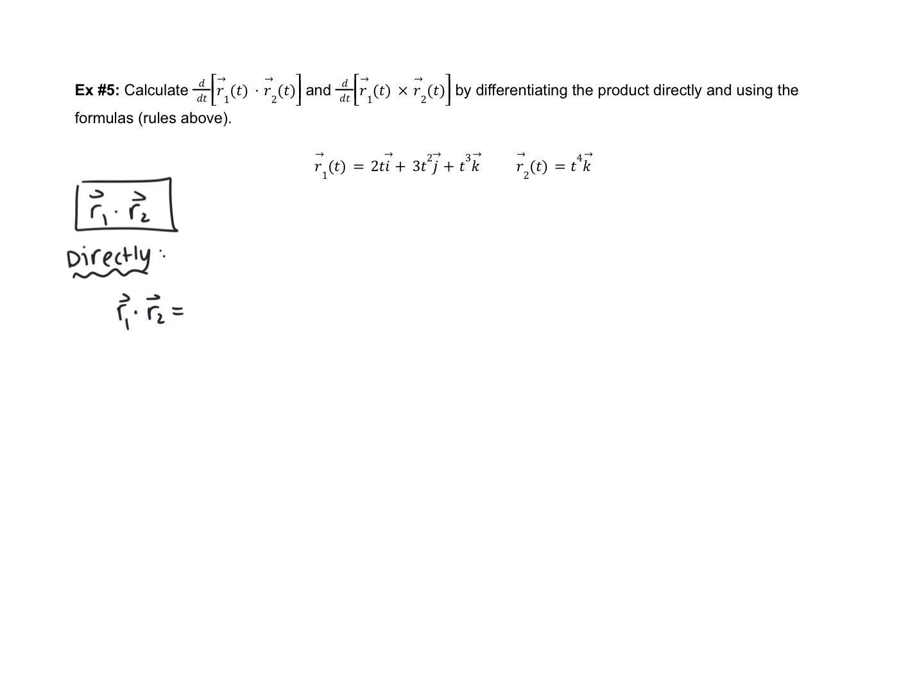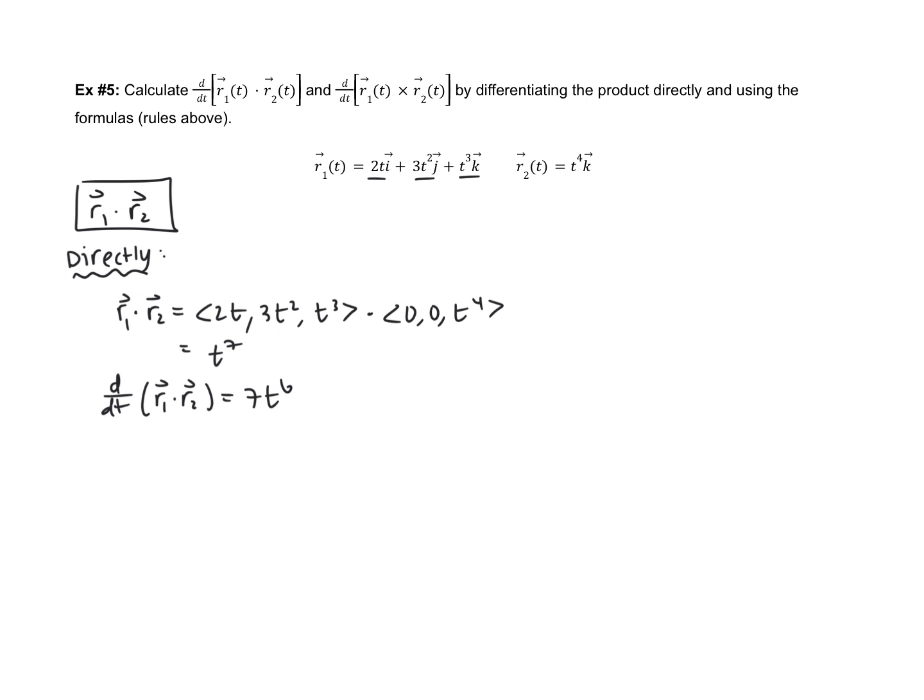So that is the dot of 2t, 3t squared, t to the third, dotted with 0, 0, and t to the fourth, which is very convenient. It just gives us plain old t to the seventh. So then if I want to take the derivative of that dot product, I'm going to get 7t to the sixth.